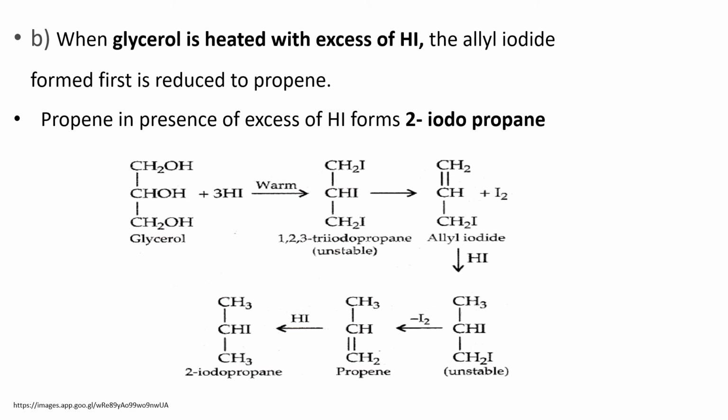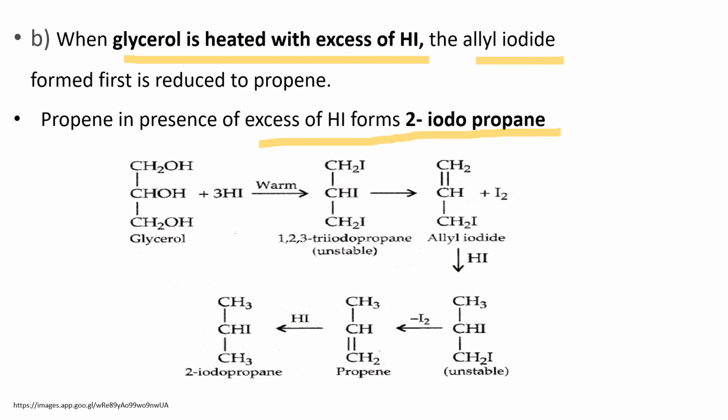Now let us see, what happens when glycerol is heated with excess of hydrogen iodide? So the allyl iodide, which is formed in the first step, that is with small amount of hydrogen iodide, with excess of hydrogen iodide is converted to 2-iodopropane. So with small amount it forms allyl iodide, whereas with excess of hydrogen iodide it forms 2-iodopropane.